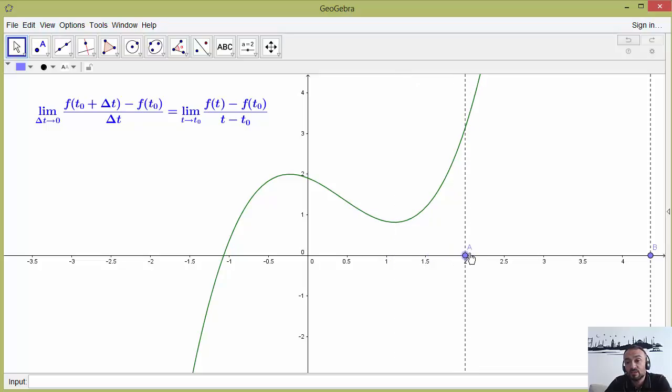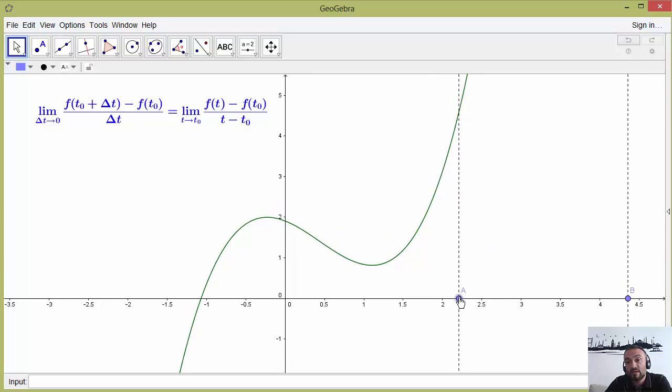But here, the speed is not 0. And at this point, at this time, the instantaneous speed is lower than at this time.